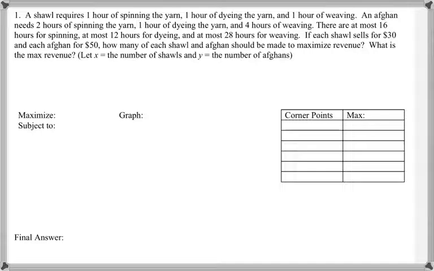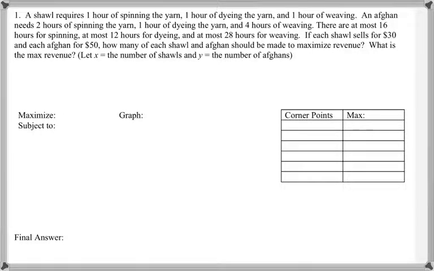If each shawl sells for $30 and each Afghan for $50, how many of each shawl and Afghan should be made to maximize revenue? What is the maximum revenue? And we are letting x equal the number of shawls and y equal the number of Afghans.